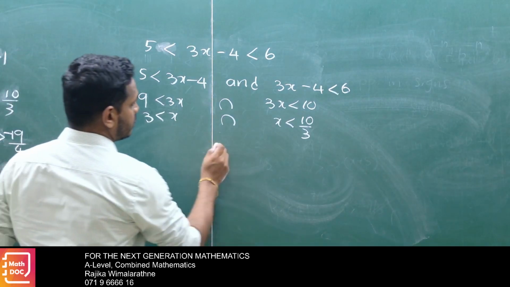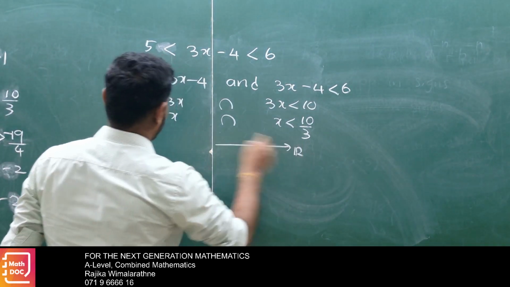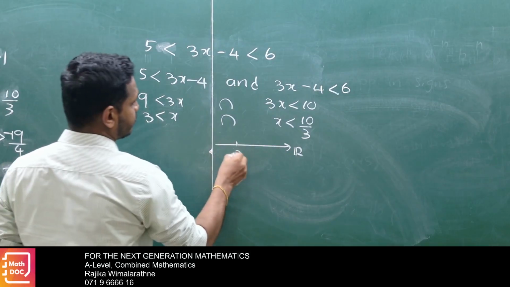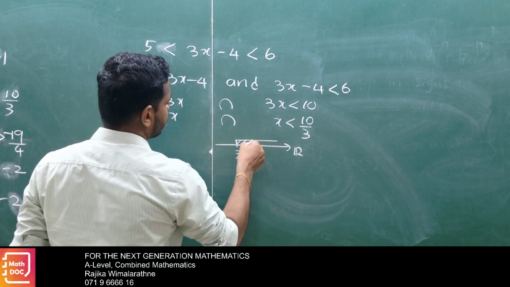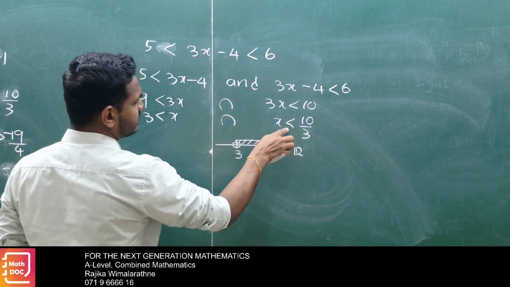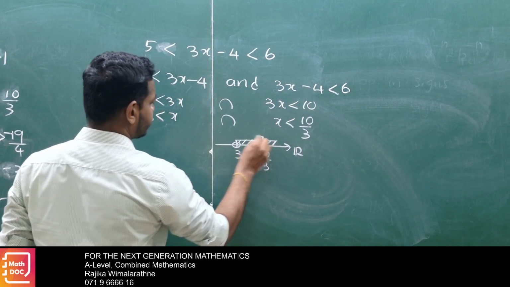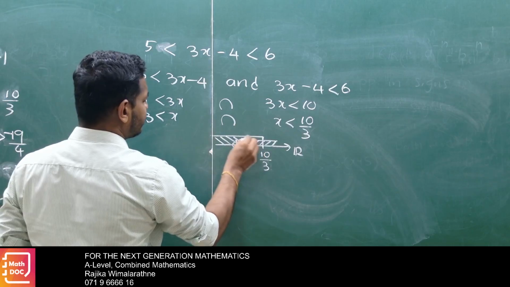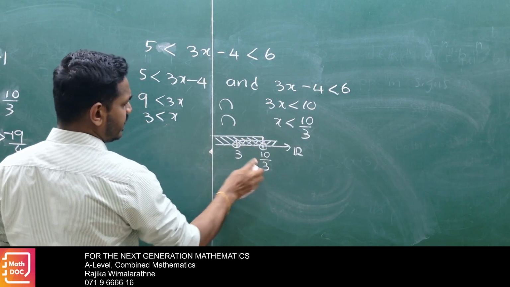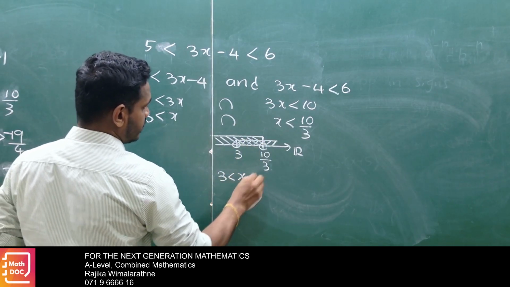Now, x value greater than 3. Here, x value less than 10 divided by 3. 10 divided by 3 is somewhere here. Then finally, the common region is between 3 and 10 divided by 3.